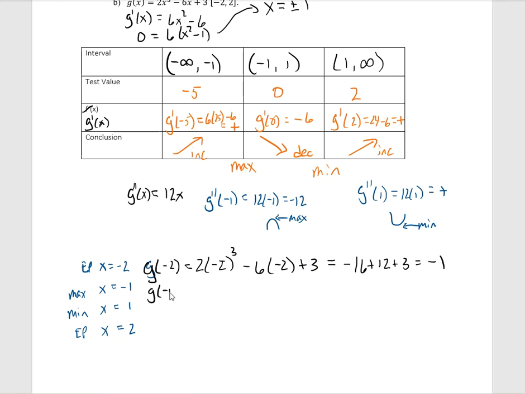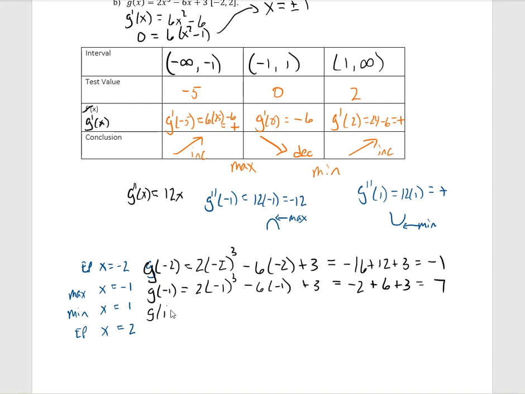At what we believe to be the maximum, the critical number that it's a maximum, 2 times -1 cubed minus 6 times -1 plus 3. -1 cubed is -1, times 2 is -2, plus 6 plus 3, that's 9 minus 2, which is 7.